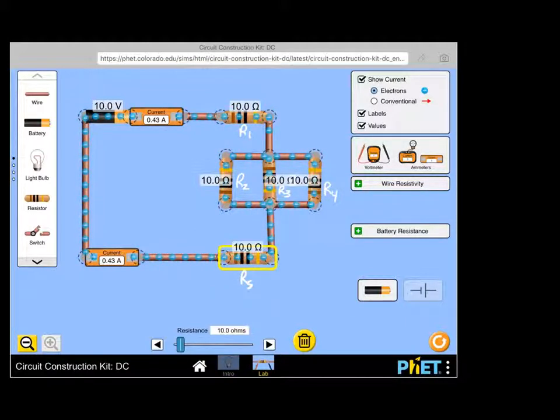Voltage 1 will be current times resistance 1, and that should just be 4.3 volts. This one's going to be 4.3 volts as well. So almost all of the voltage is eaten up by the resistors that are not part of the parallel branch.